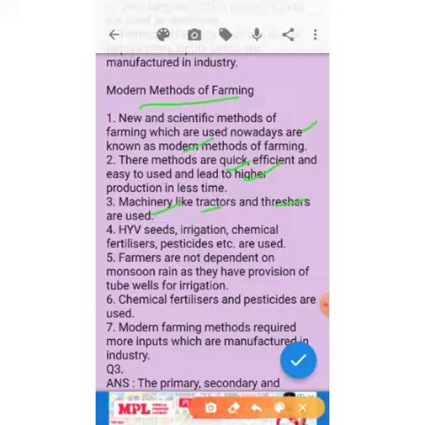Next, HYV seeds, chemical fertilizers, pesticides, etc. are used. Fifth, farmers are not dependent on monsoon rain as they have the provision of tube wells for irrigation. Next, chemical fertilizers and pesticides are used. Seventh, modern farming methods require more inputs which are manufactured in industry.